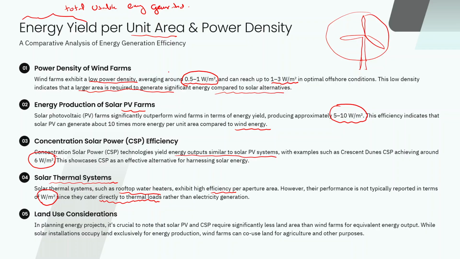So the smaller the power density, you need a larger area to get the required power output or energy output, and the larger the power density or the energy yield per unit area, you can get that particular energy output from a small area, right? So it clearly gives an idea on land requirement for these different technologies.